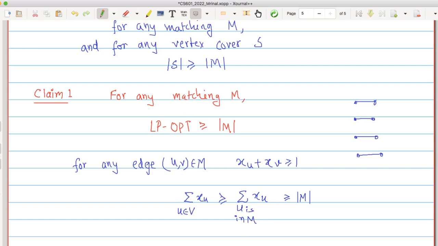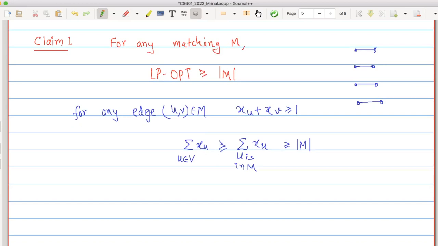In fact, that shows that for any feasible LP solution, the objective value is at least the size of the matching M, right? So in particular, for the optimal solution for the LP, you get this lower bound in terms of the size of the matching.